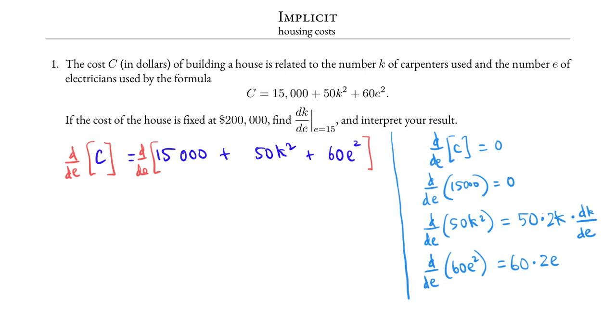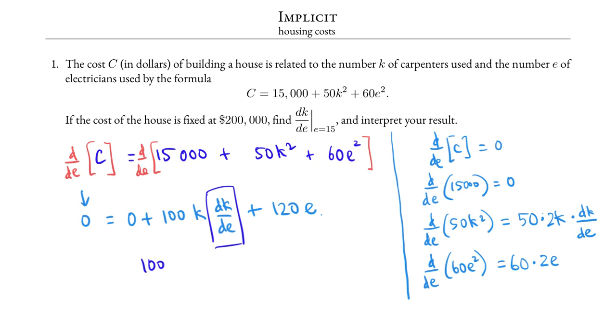Putting these together, on the left hand side we have 0, on the right hand side we have 0 plus 50 times 2 is 100, K dK/dE, plus 60 times 2 is 120E. And we're looking for dK/dE. And so we will keep 100K dK/dE on the right hand side, and we move everything to the left hand side.